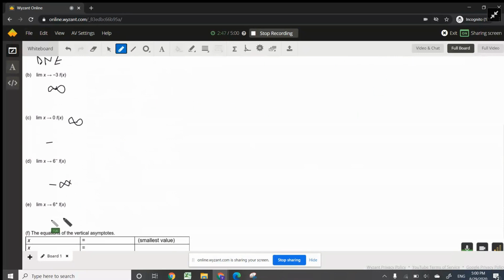And as a side note, because the limits from both sides do not match, the limit as x approaches 6, so neither from the positive nor negative, but just in general, would actually be equal to does not exist. So this limit will actually not exist.